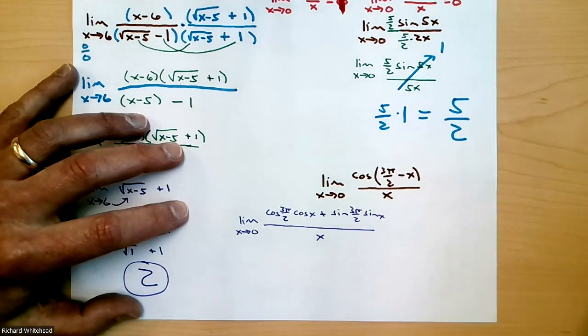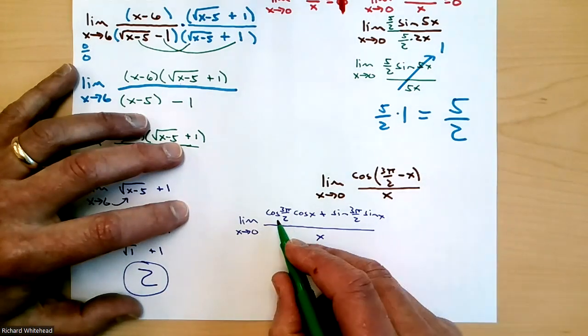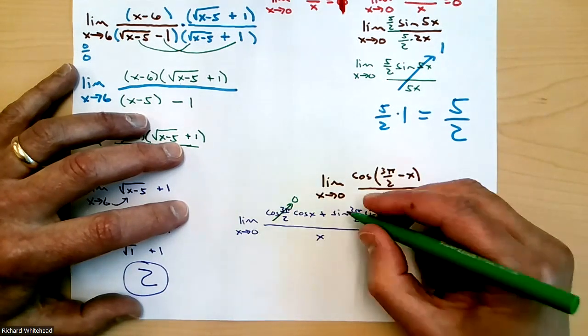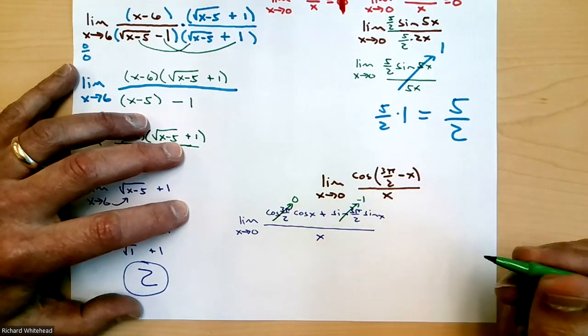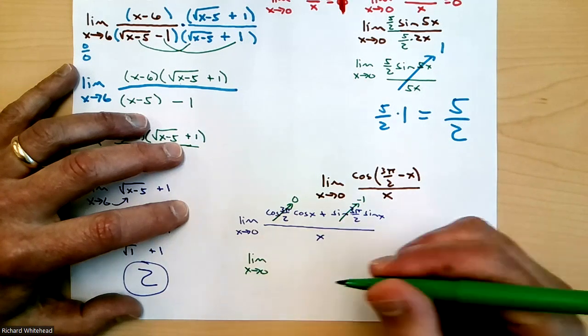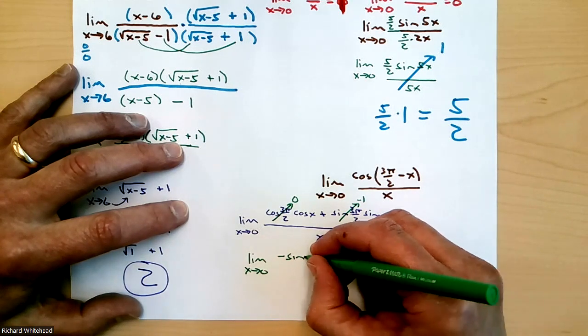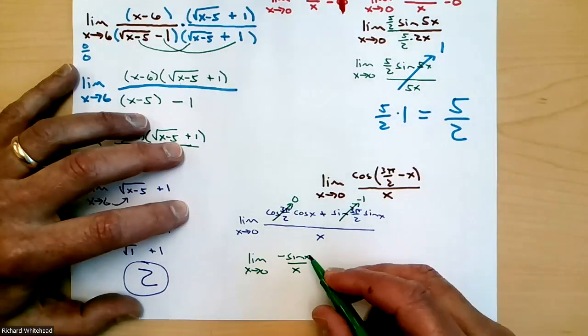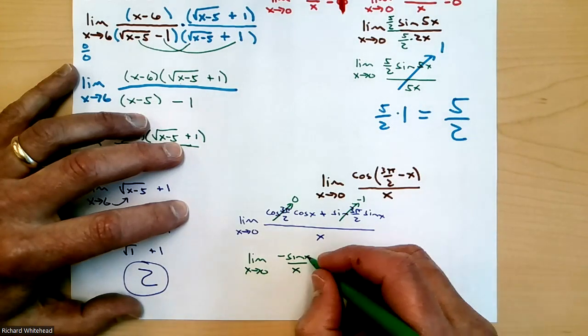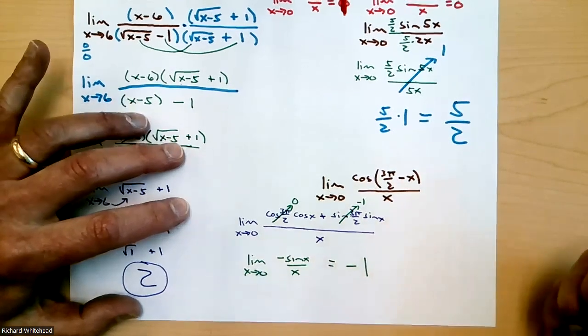We'll check this out. What is cosine 3 pi over 2? That's 0. Sine 3 pi over 2, that's -1. So what do we end up with here? We end up with the limit of negative sine x over x.